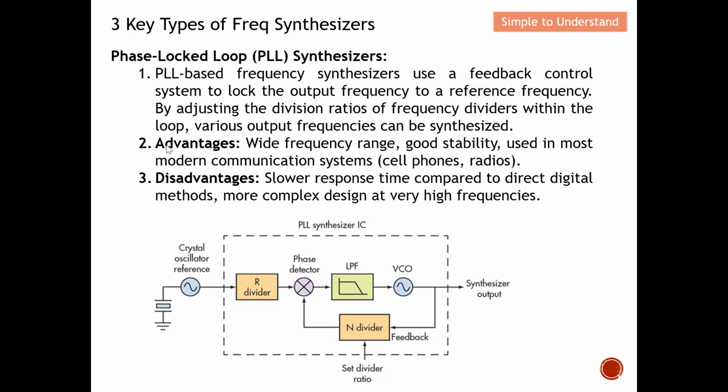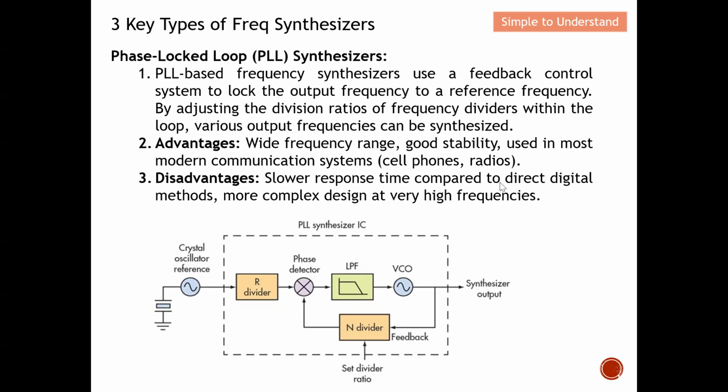When we design the frequency synthesizer using this phase lock loop, the advantage is we are going to have a wider frequency range. We definitely have good stability, because they actually have a form of lock. Therefore, we have very good stability, and they are mainly used in most modern communication systems.